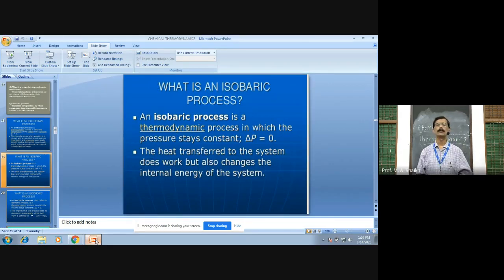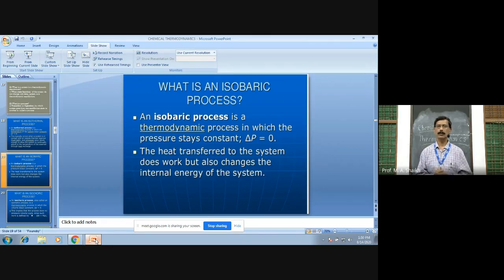What is an isobaric process? If this is the question, your answer should be: a process in which pressure of the system remains constant throughout the change is called isobaric process. Pressure P is constant.